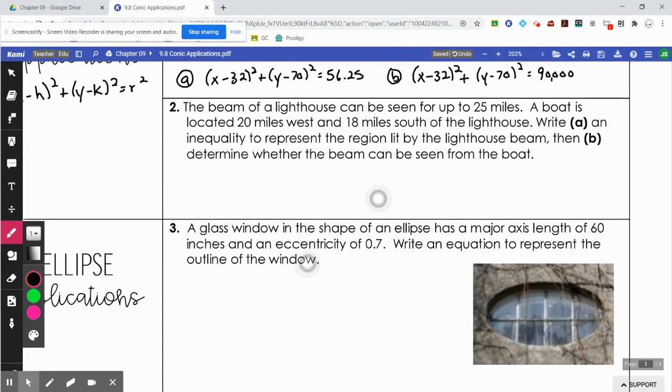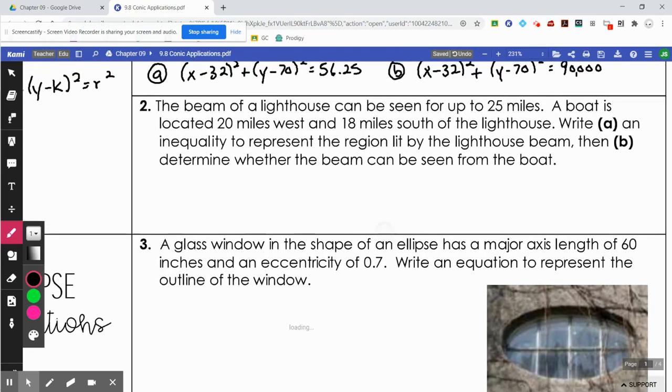Number two, the beam of a lighthouse can be seen for up to 25 miles. A boat is located 20 miles west and 18 miles south of the lighthouse. Write an inequality, not an equation this time, to represent the region lit by the lighthouse beam. Well, the first thing we need to do is recognize, is this a radius or a diameter?